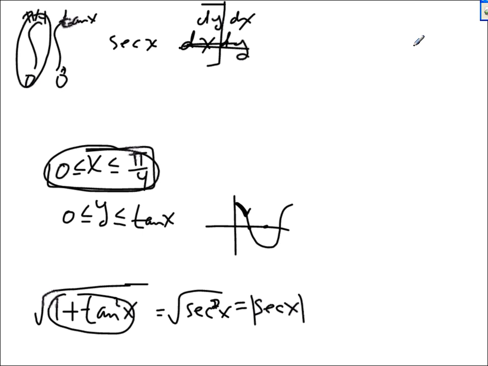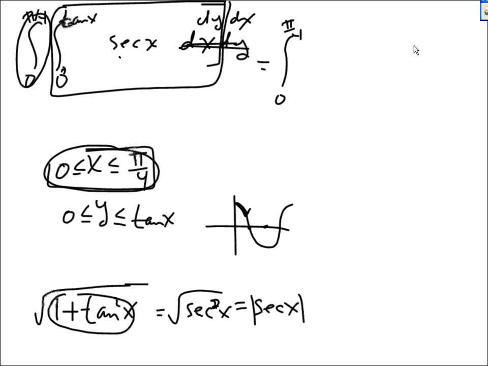Now, the integral of secant x is secant x tangent x. That is, this inner integral is actually a constant now. So this is the integral from 0 to pi over 4. The constant of this is a function of x, and that's y.